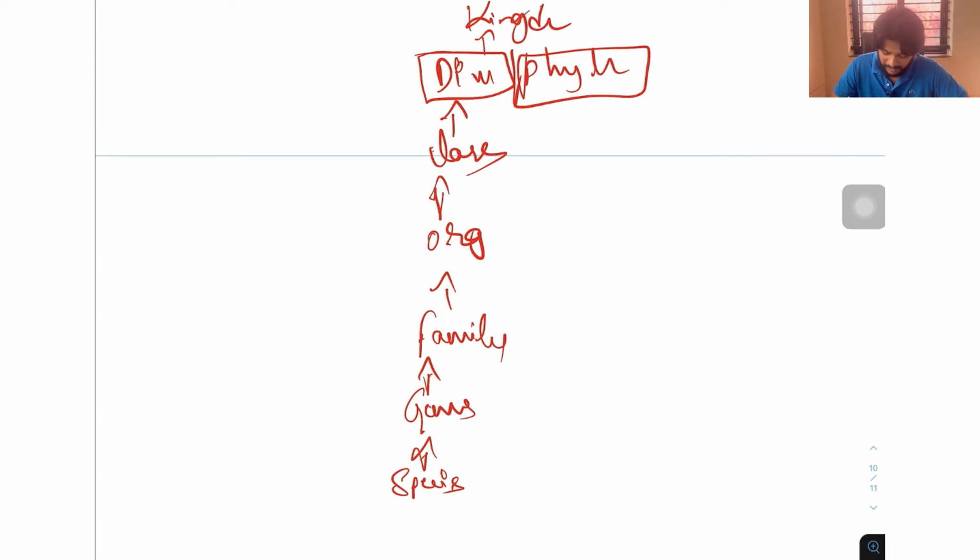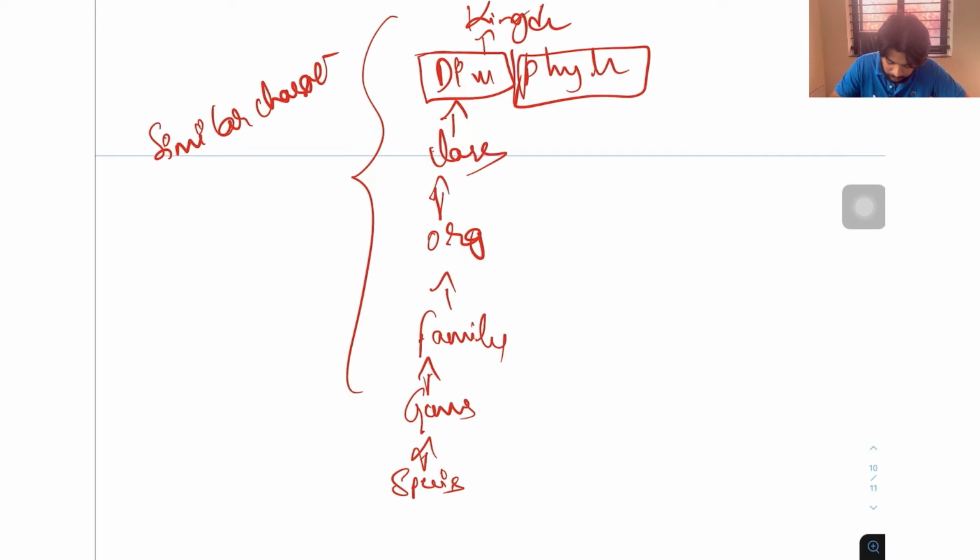In order to classify we need to know the taxonomical hierarchy. On what basis is this hierarchy done? It is done based upon similar characters. Organisms which have similar characters are grouped together.